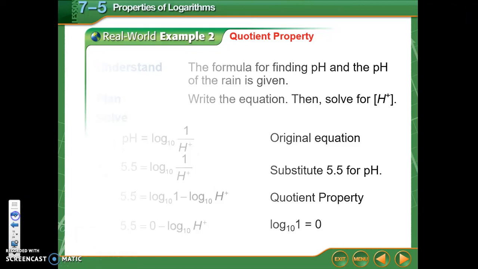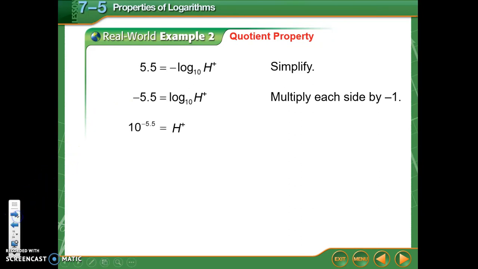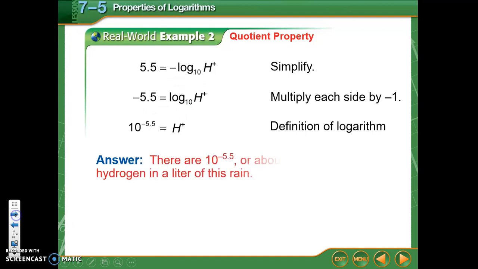And then from there, we end up with this, because 0 minus log base 10 of H is just negative log base 10 of H. I divide both sides, or multiply both sides, by negative 1. And then I'm going to rewrite this in exponential form using the definition of a logarithm. So 10 to the negative 5.5 is equal to my hydrogen ions. And then I use my calculator to figure that out. It's about 0.000032 moles of hydrogen in a liter of this rain.